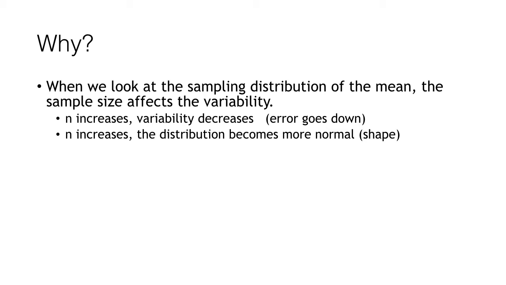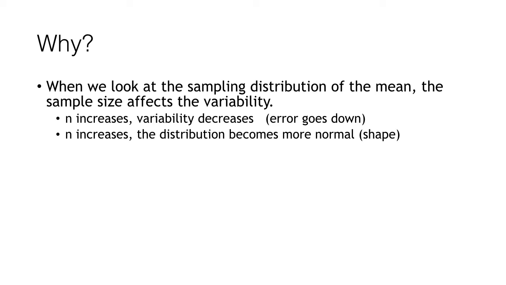Let me repeat that. If we pull a whole bunch of samples and compare their means from out of a population, if we pull little tiny samples, the mean of each of those samples is not going to be as close to the mean of our population. They become more accurate if we pull larger samples.